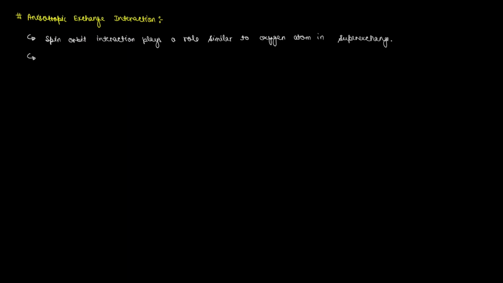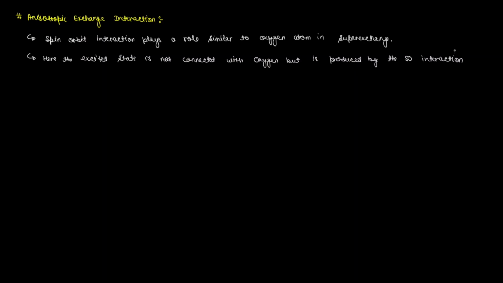Here, the excited state is not connected with the oxygen atom, but is produced by the spin-orbit interaction in one of the magnetic ions. So that there is an exchange interaction between the excited state of one ion and the ground state of another ion. This effect is also known as Dzyaloshinskii-Moriya interaction.